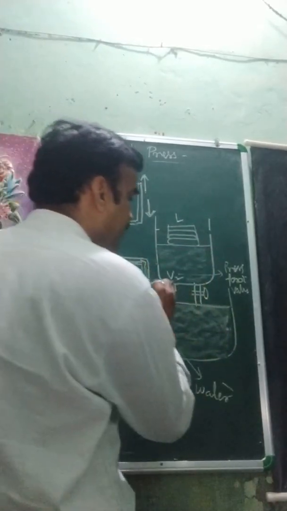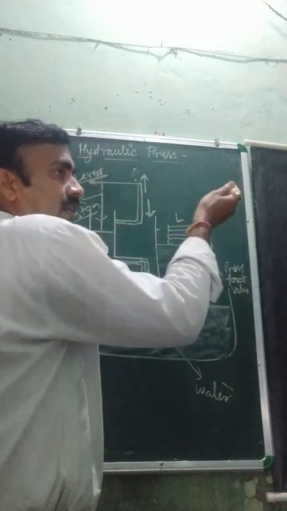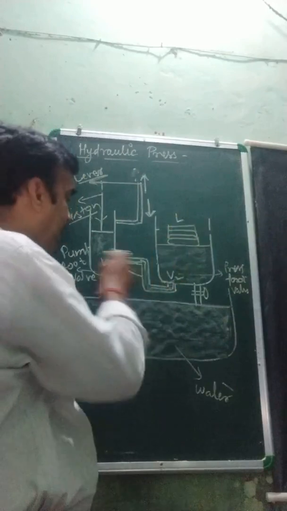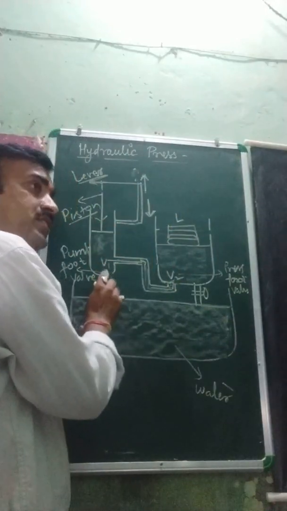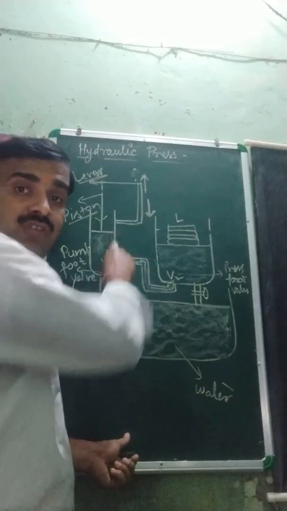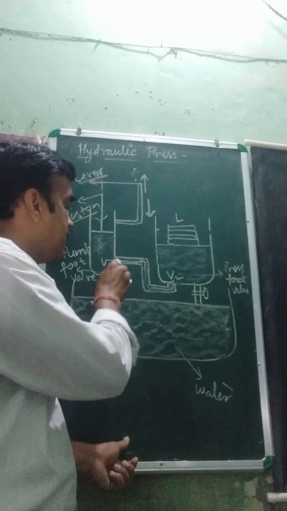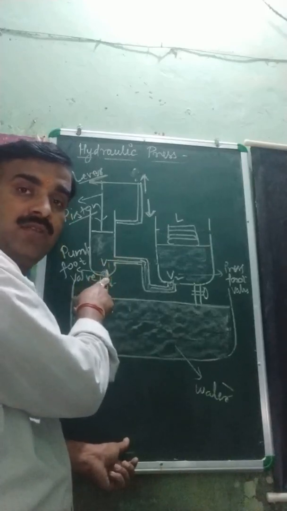Once it applies the pressure, this V2 will open in upward direction, because this part is already closed in this condition, and here also this valve is closed.